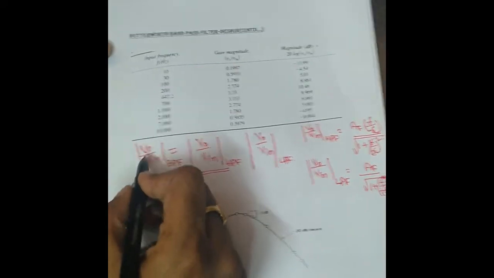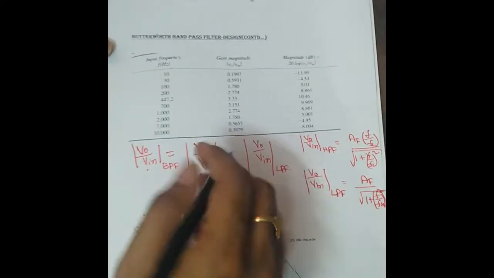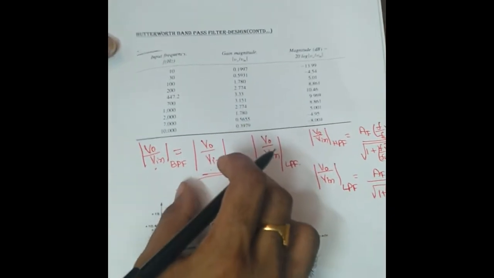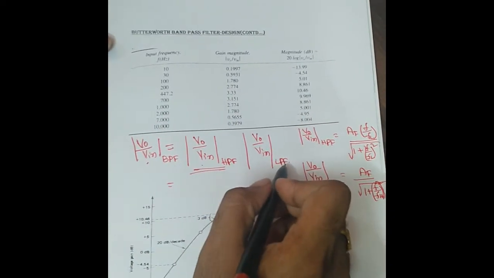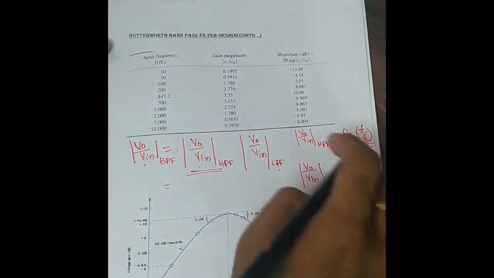Now the value of V0 divided by Vin for the band pass filter is the product of V0 by Vin, that is gain magnitude, for the high pass filter, and V0 divided by Vin for the low pass filter section. So now I will multiply both of them.